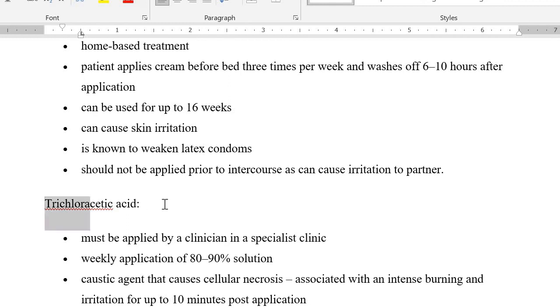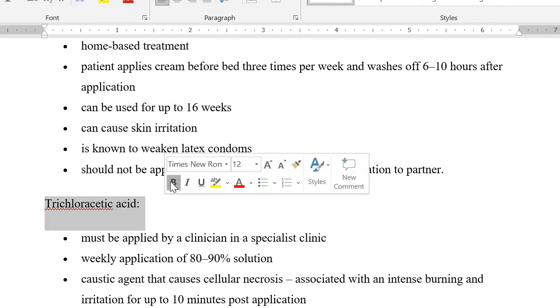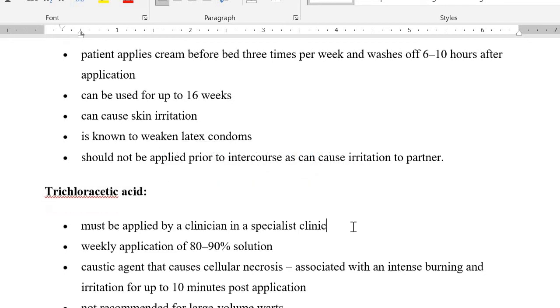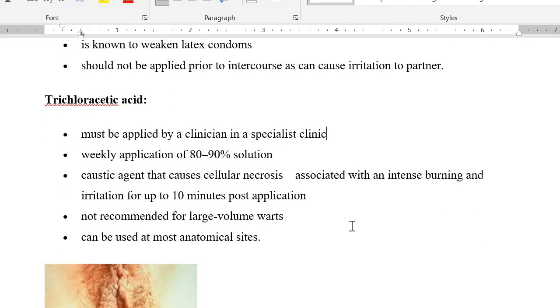Third treatment that we have for the treatment of genital warts is called trichloroacetic acid, or common household vinegar. It may be applied by a clinician in a specialist clinic because it is applied weekly as an 80 to 90% solution.